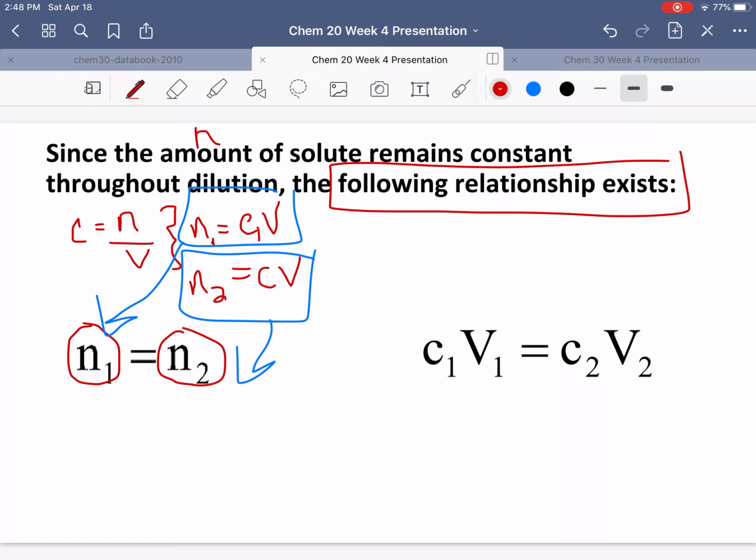Remember, original concentration, original volume, final concentration, final volume, we get this brand new, wonderful dilution equation.